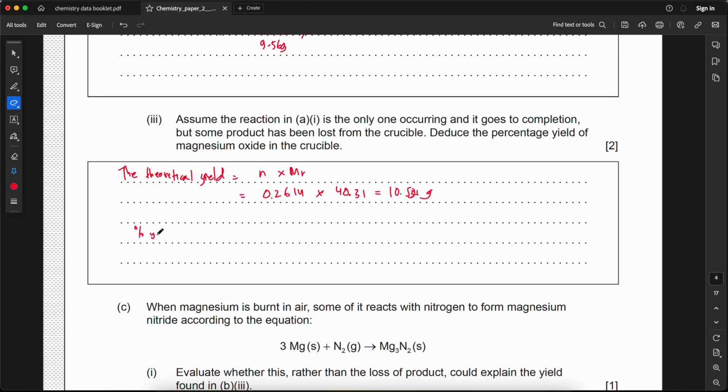The percentage yield formula will be actual yield divided by theoretical yield. So 9.569 divided by 10.536 times 100%. 9.569 is the mass that you got when you did the experiment. So it's 91%.